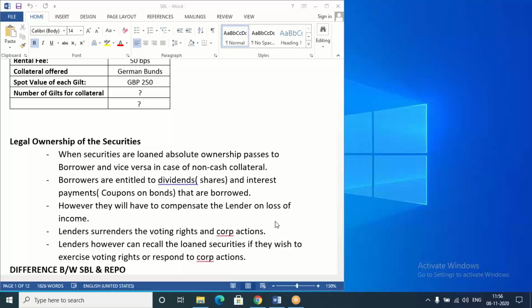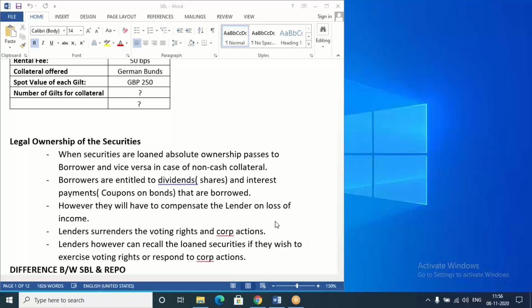So when it comes to ownership of the securities, absolute ownership passes on to the borrower when he borrows the securities, and absolute ownership passes on to the lender if he's received non-cash collateral. If the borrower receives additional income on the securities that are borrowed, such as dividends and coupon payments, he has to compensate the lender for that loss.